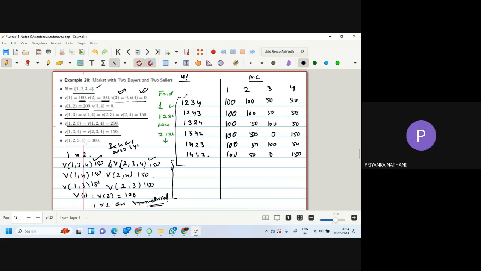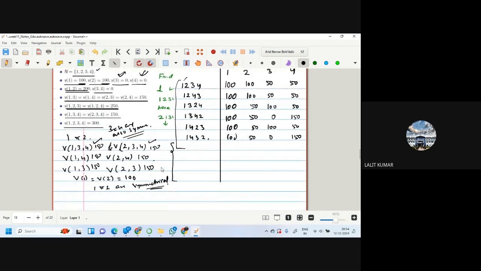So that means we can reduce it to only 2 people playing. But what we will do, we will find only for one. For example, in this particular example, 1's contribution will come. I don't have to do it for all.